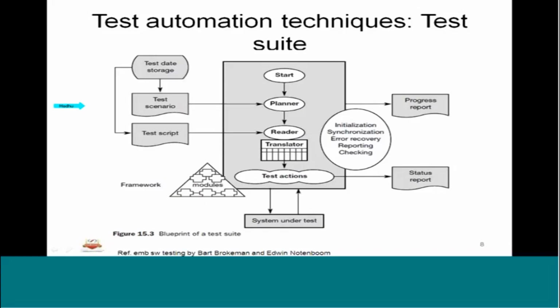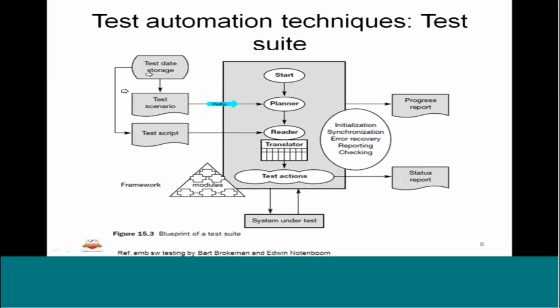So this is the basic framework, having different modules. You can see it here, and it has a flow. There is a start, there is a planner, there is a reader. The planner will pick up a particular test scenario from the test data storage.